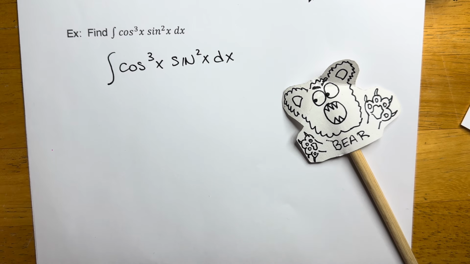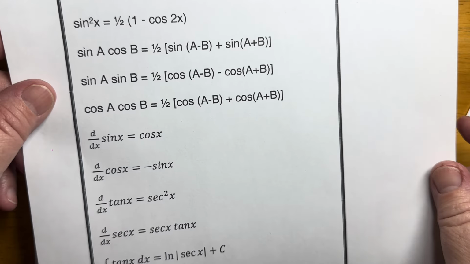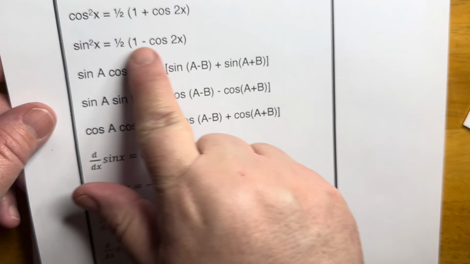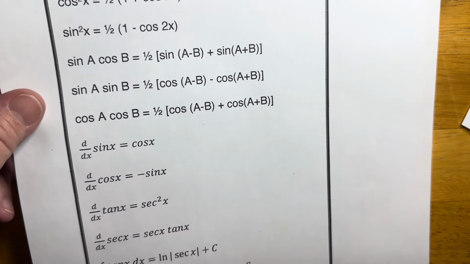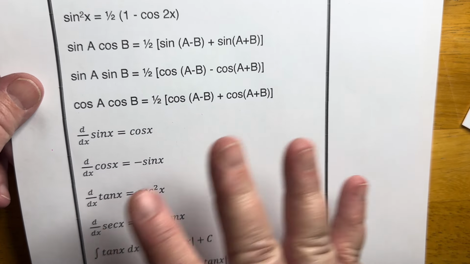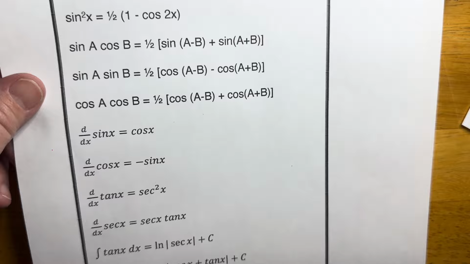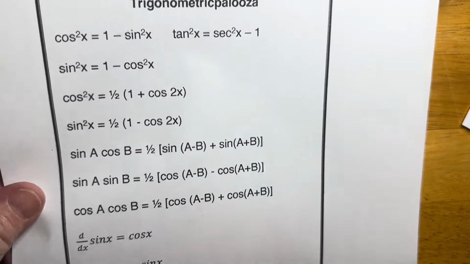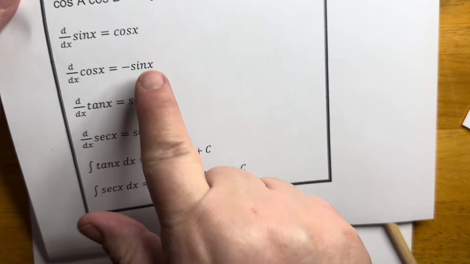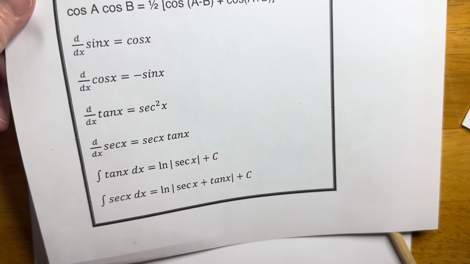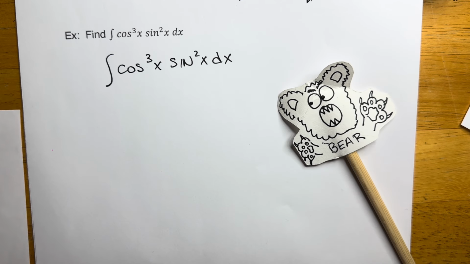We do not want to go here or here with the half angle and double angle and all the addition and subtraction and all that stuff. We want to try to avoid that. We like this and then these, the basic derivatives. So if we can, that's what we're going to try to do. So that's really my first strategy, is try to make a U substitution.